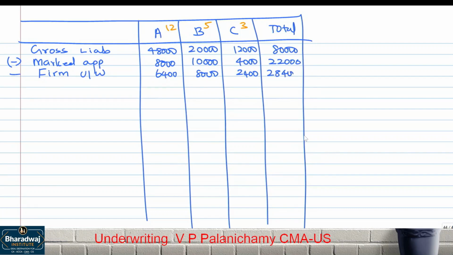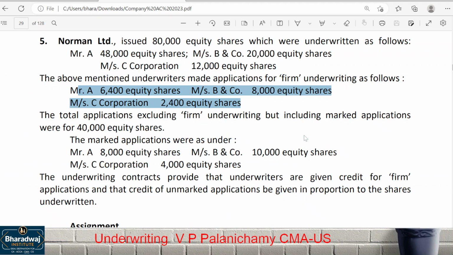Minus unmarked applications, that is as usual in the ratio. Unmarked application, that 18,000 in the 12:5:3 ratio.